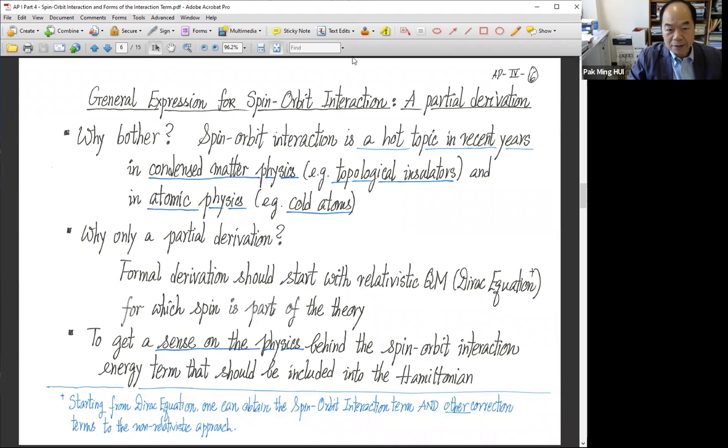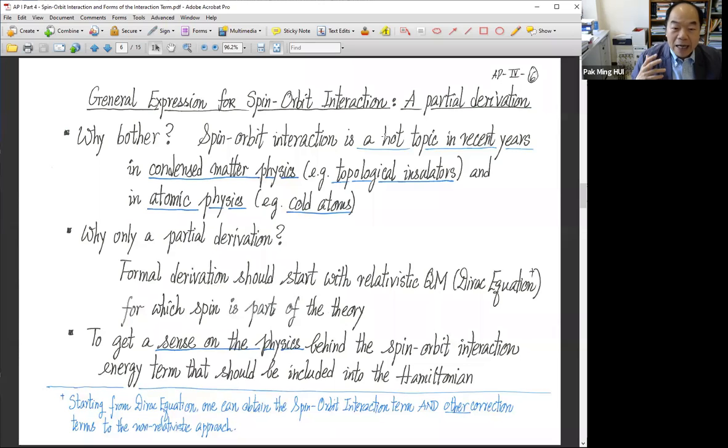But at the outset, I would like to declare that whatever we do here is just a derivation based largely on classical physics. But spin is a relativistic quantum mechanics product. It comes from the Dirac equation.